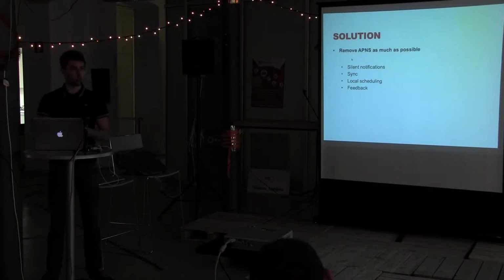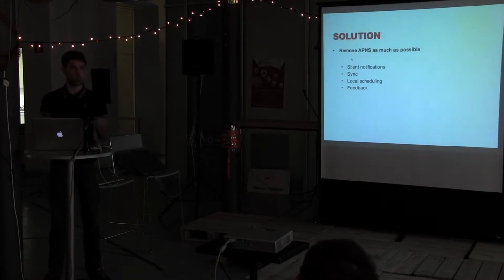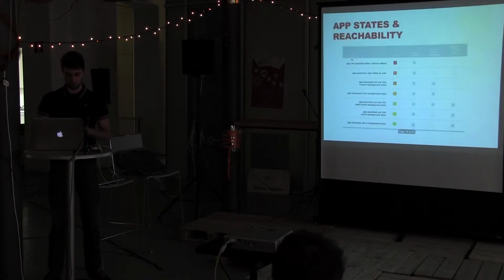So the solution to our problem is we want to remove the Apple push notification service as much as possible. So we will do it by using silent notifications, which are still remote. There is no way around it. We will use a synchronization procedure, which will then take care of local scheduling of push notifications, and we will also provide feedback to our backend server.